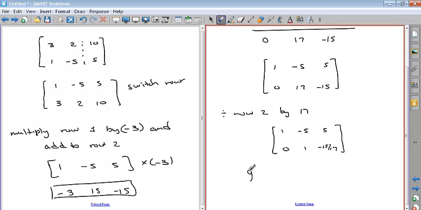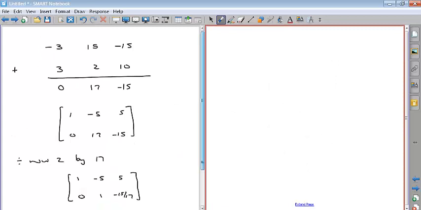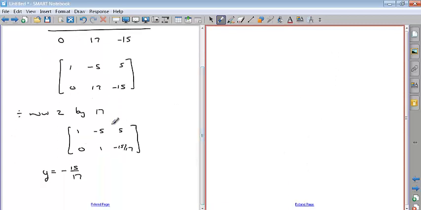At this point, we know that the y solution is -15 17ths. And then we can go back and use back substitution. What that means is I can take the resulting equation, which is x minus 5y is equal to 5, so x, y, constant.